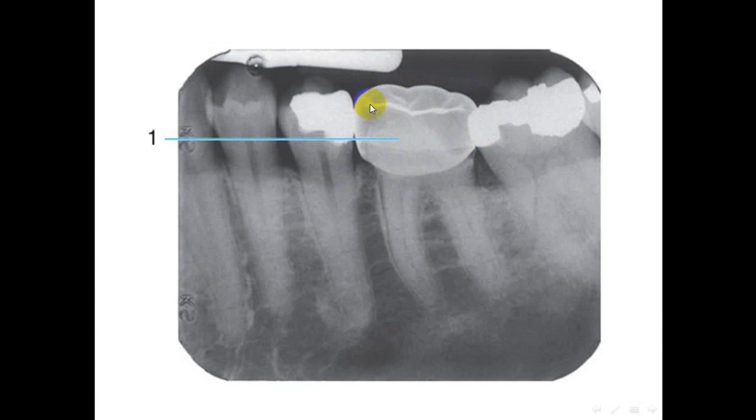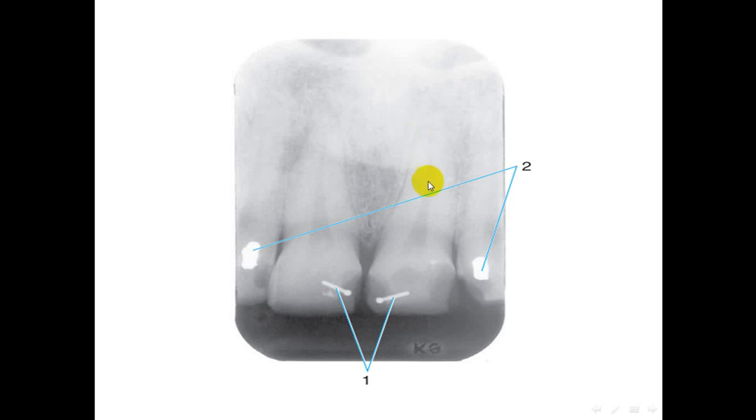Now it is infrequently used and it is replaced by ceramic crown. Here we see the retentive pins, and these retentive pins help retain the radiolucent composite restoration, and here we see a small radio-opaque amalgam restoration.